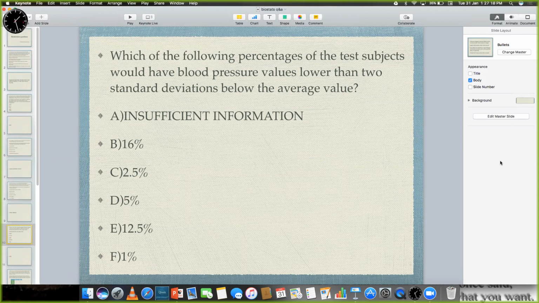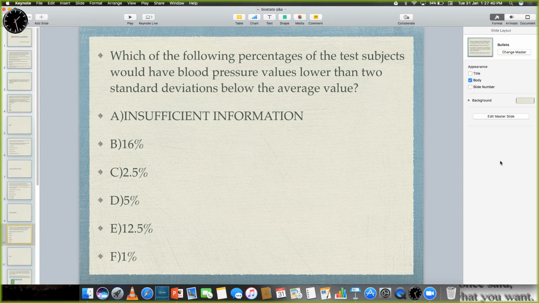Roughly 95%. So if this constitutes 95%, the extremes together constitute 5%.